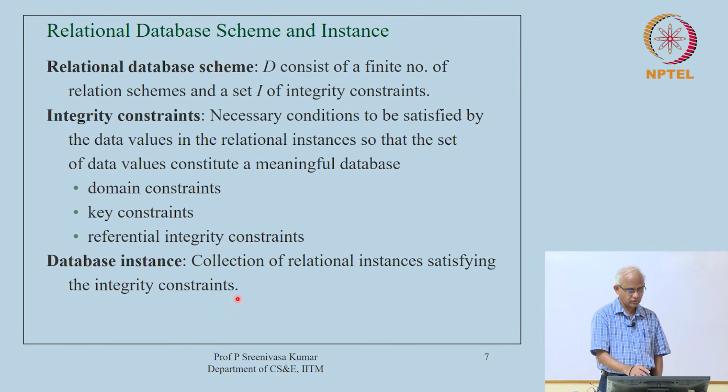So, we have two things here, the relation scheme and relation instance, database scheme and database instance. A database instance is nothing but a collection of relation instances, but not just any collection, but those that satisfy the integrity constraints. Now, let us go a little bit deeper into what these constraints are and why we call them constraints.